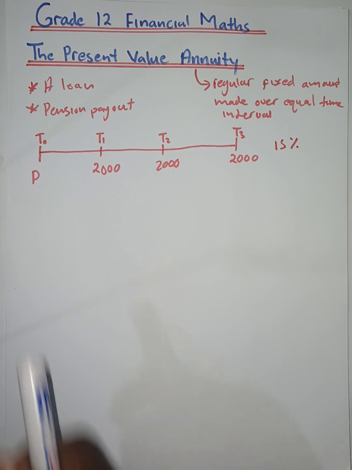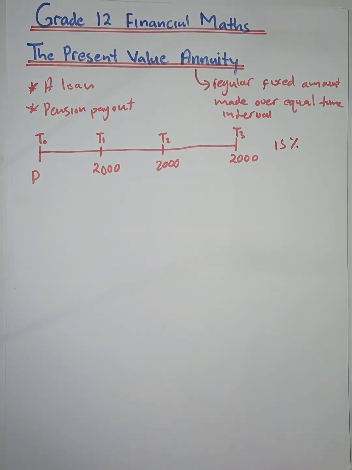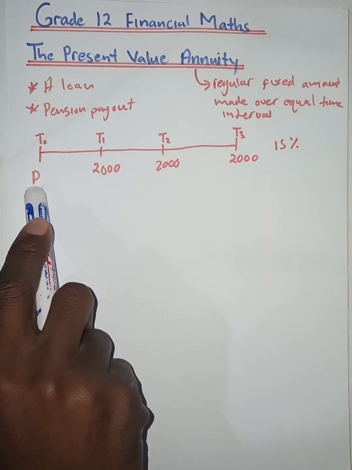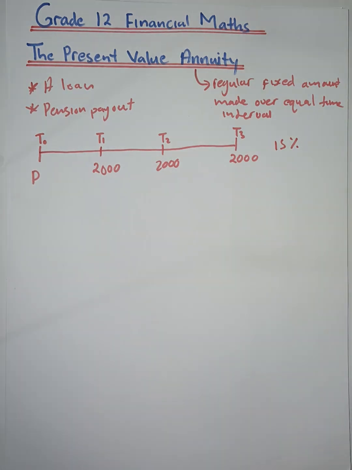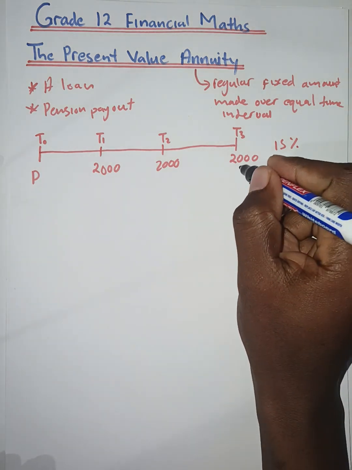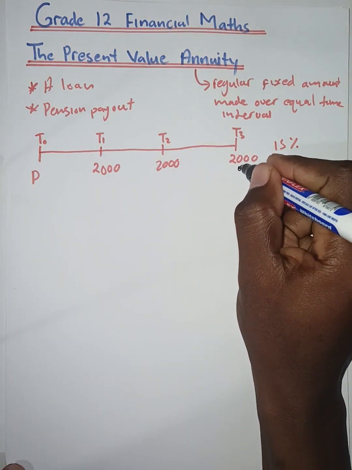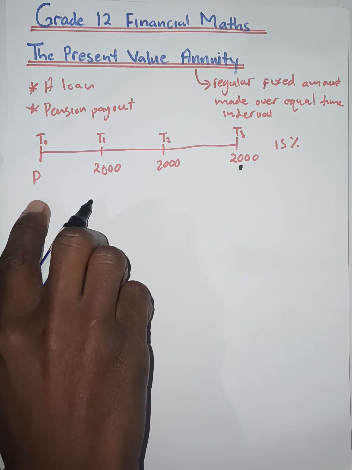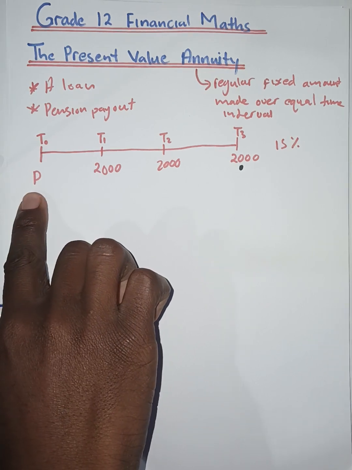So in this case, suppose we are paying yearly payments. So again, to find out how much of the loan they granted you, you are kind of going to undo the interest. What you're going to do is try to find out how much this 2,000 would be worth at T0, because I'm trying to find out how much of the loan I was granted.